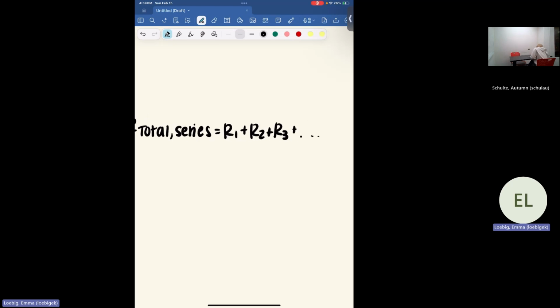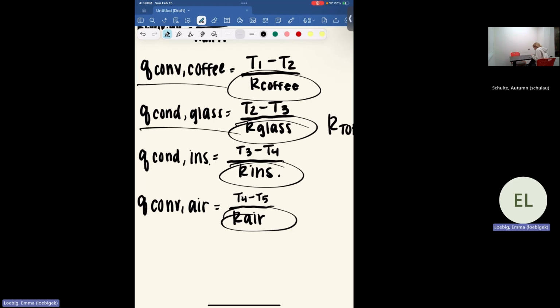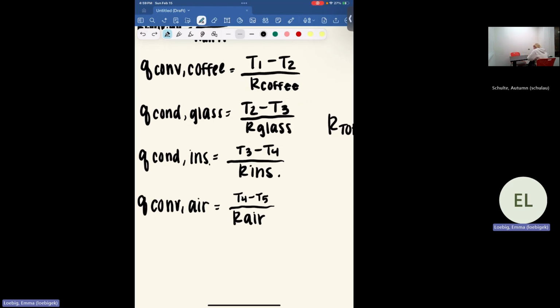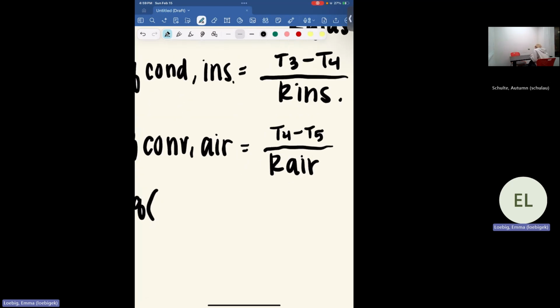So to model this, I am going to multiply each of these resistance terms over to their Q term and add them. And just like in a series circuit, if we're relating our Q, our heat flow term, to current, in series current is not changing, it is always constant. Therefore, we can have a singular heat flow Q multiplied by the sum of our resistances.